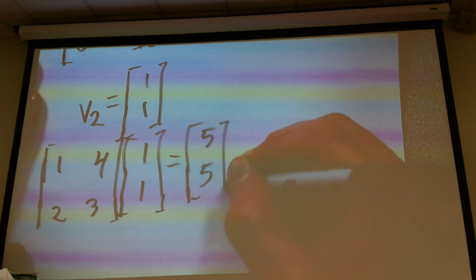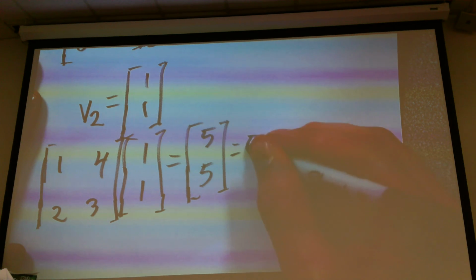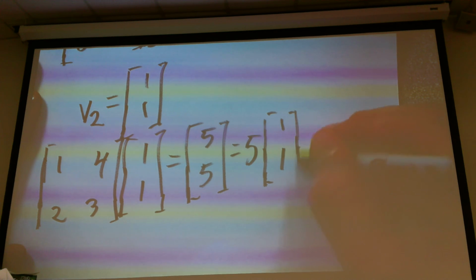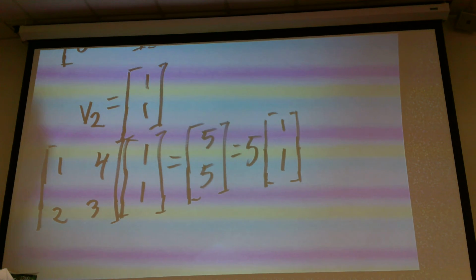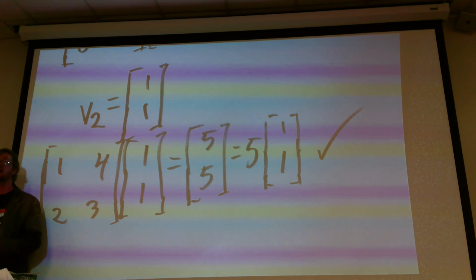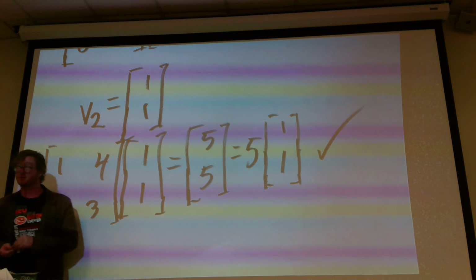That would equal 1 plus 4 would be 5, and 2 plus 3 would also be 5. And so that equals 5 times 1, 1. Yes, we did get the correct second eigenvector for the matrix.